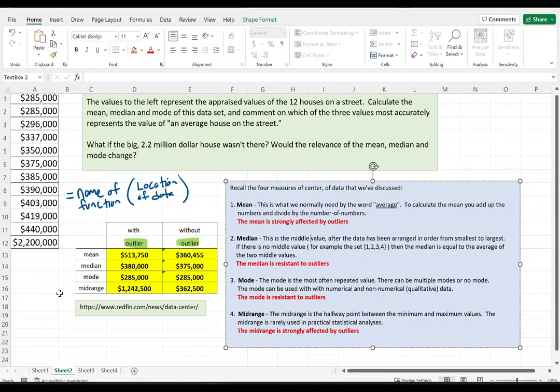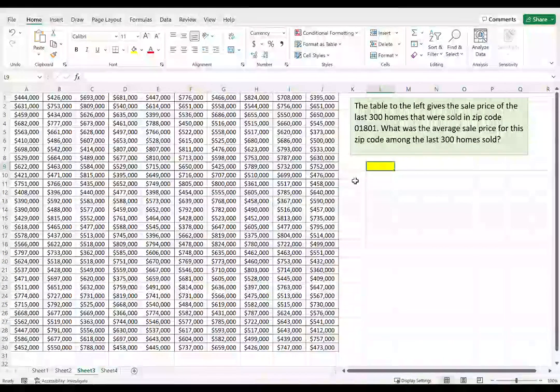So I'm going to head over to sheet 3. Now in sheet 3, the table to the left gives the sale price of the last 300 homes that were sold in zip code 01801, which is just north of Boston. What was the average sale price?